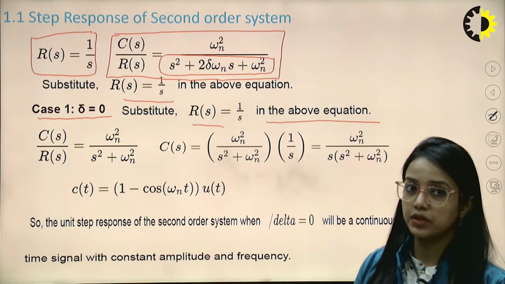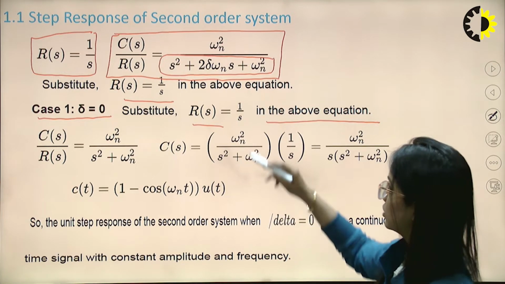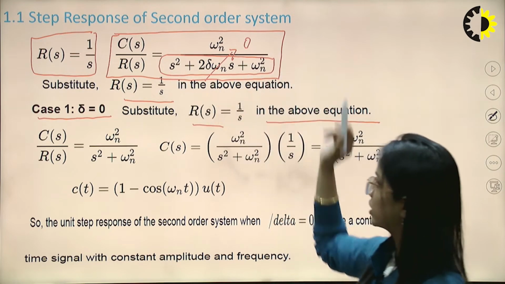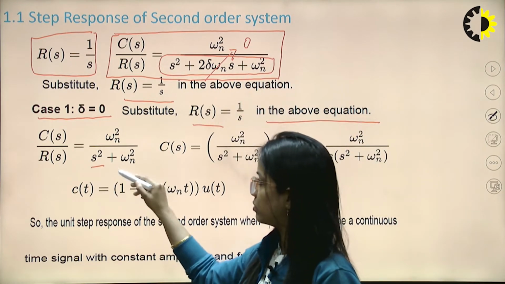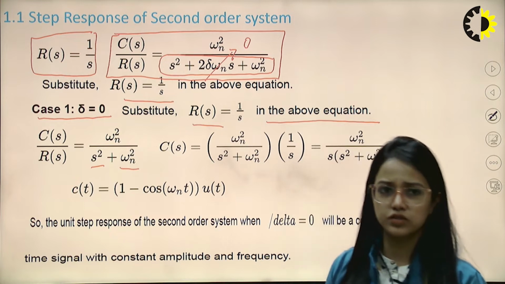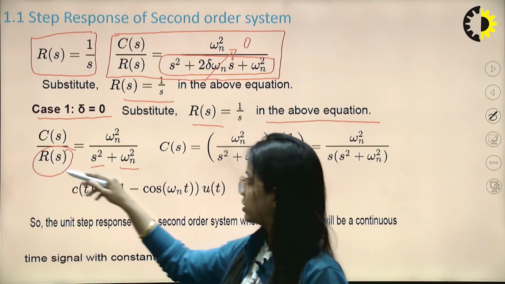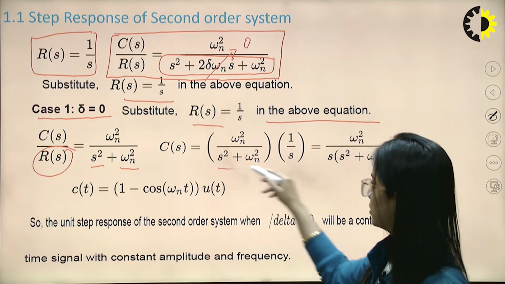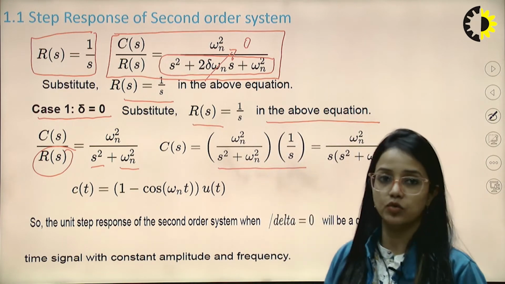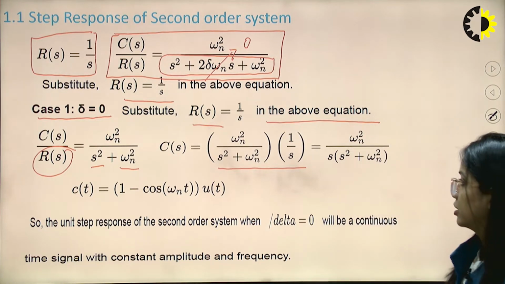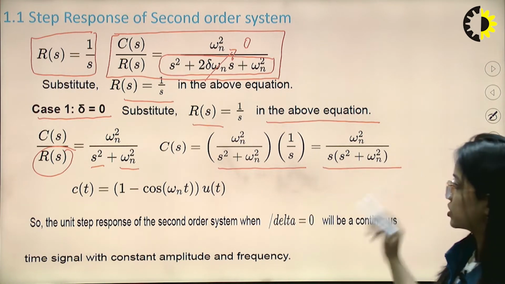So when zeta is 0, this term goes off and it becomes s square plus omega n square. So this is case 1. And then multiplying this R(s) this side, we have omega n square upon s square plus omega n square into 1 by s. So the resultant equation is this.